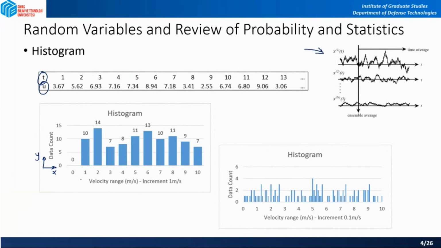So what does it mean? Your y-axis is actually your data count. So let's say between 0 and 1 meters per second, how many data points do I have? I count the number of data points within this range of 0 and 1 meters per second. And I keep doing this between 1 and 2, and 2 and 3, and so on.